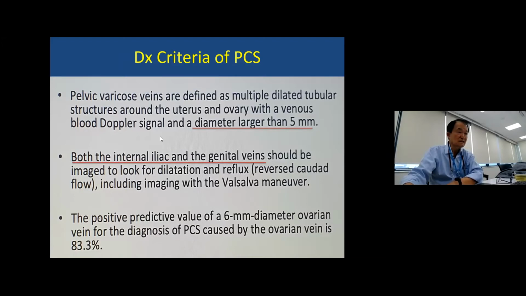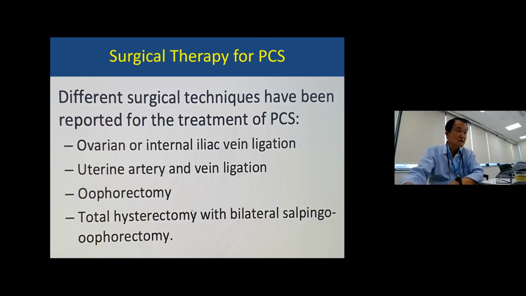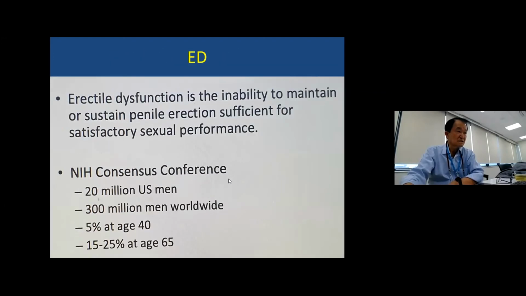Usually ultrasound or a contrast study shows a tubular structure larger than 5 millimeters, the obstructing left ovarian or testicular venous system, and iliac genital vein dilatation, and they make a reflux using a Valsalva maneuver. So that's what we diagnose, and then certainly surgical intervention.